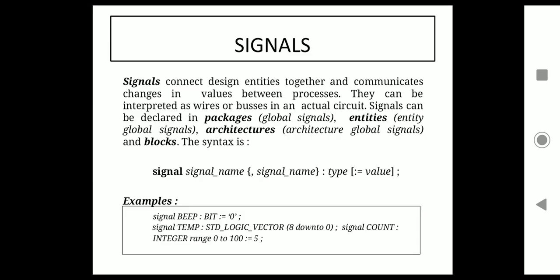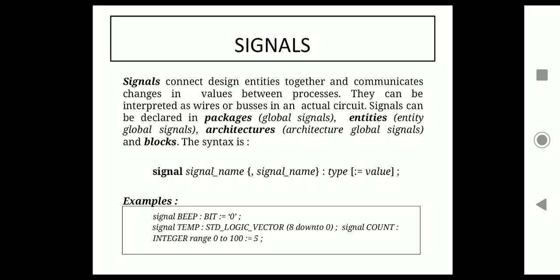Now the third type is signals. Now how to define the signals? Signals connect design entities together and communicate changes in the values between the processes. In one design you can have different entities, so the signals can connect the different entities but a variable cannot connect.